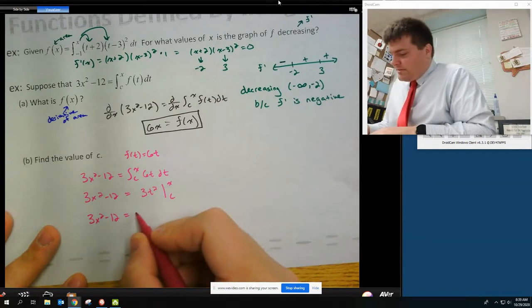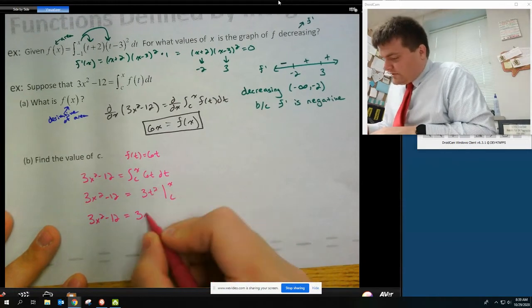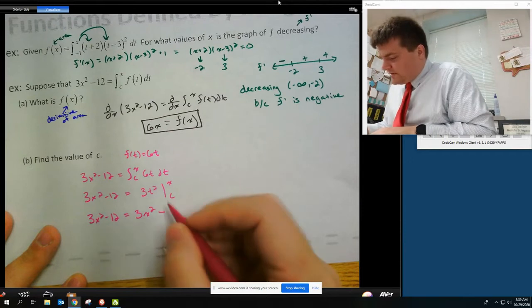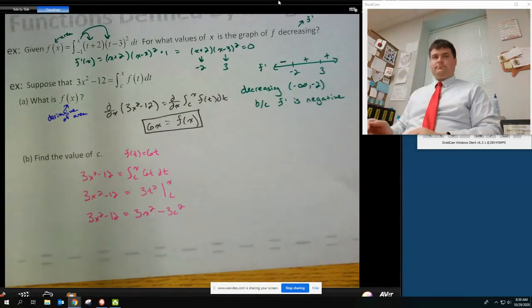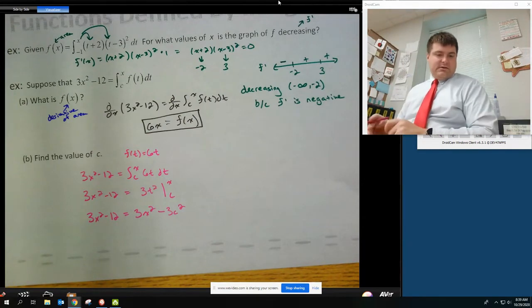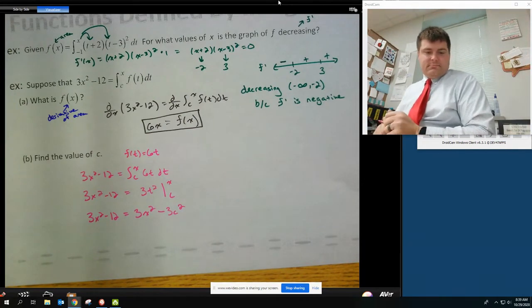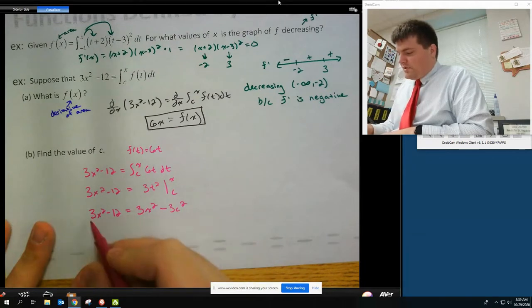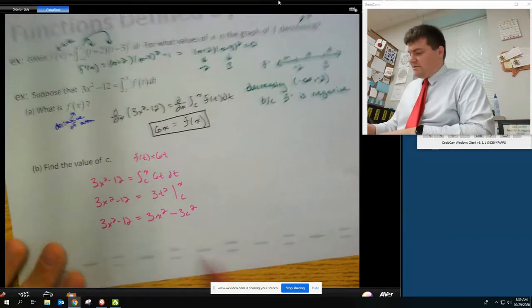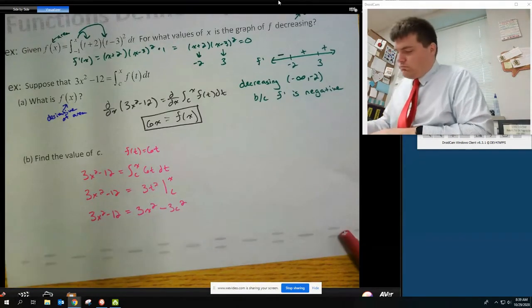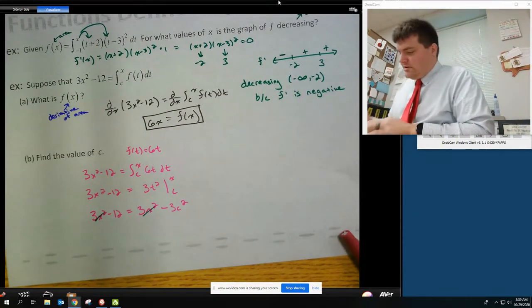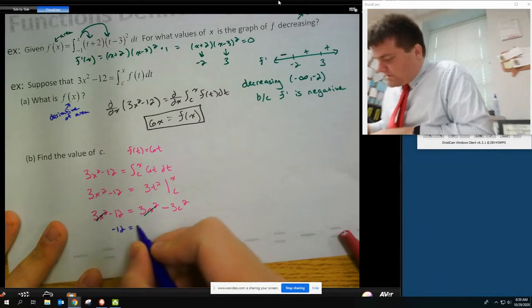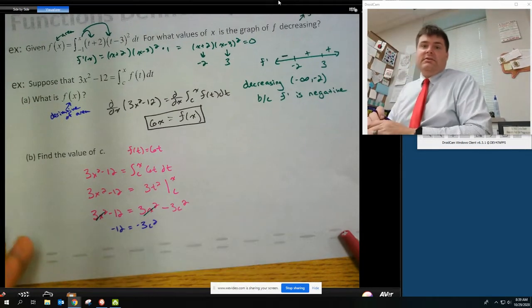I'm going to get 3, plug in the x, 3x squared, minus plug in the c, 3c squared. If you notice right here, I have 3x squared on both sides, so those can cancel out. And I'm left with negative 12 equals negative 3c squared.